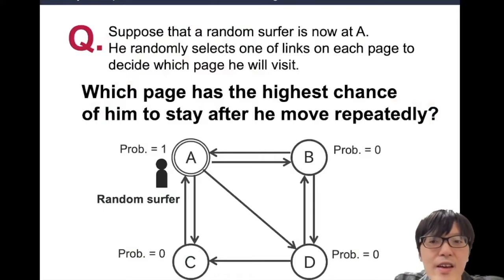He randomly selects one of the links on each web page to decide which page he will visit next. The question here is which page has the biggest chance of the surfer staying after he moves repeatedly.